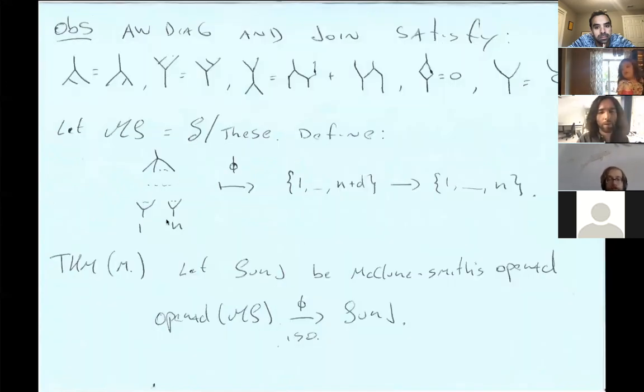So if we have an element like this, several strands at the top, we'll have a surjection, well, we'll demand it to be a surjection, that goes from n plus something, the number of strands at the top, to 1 through n, the number of outputs that we have here.